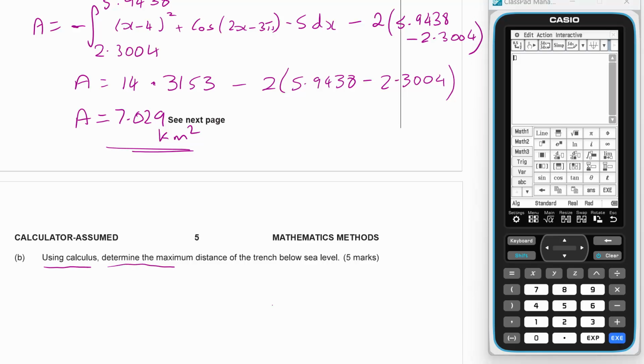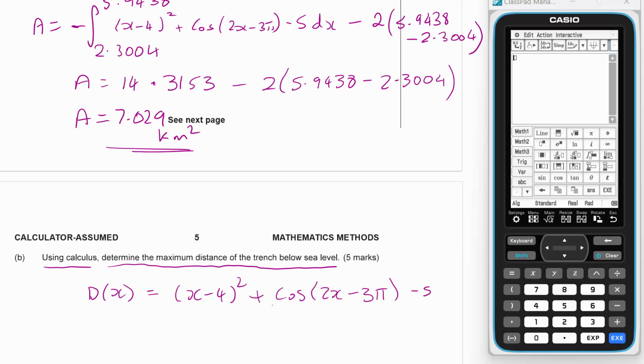Using calculus, determine the maximum distance of the trench below sea level. We know that d of x is equal to x minus 4 squared plus cos 2x take away 3 pi take away 5. Now we can differentiate that. You could do it on the calculator, but you don't really need to.